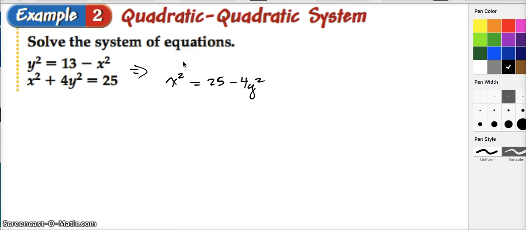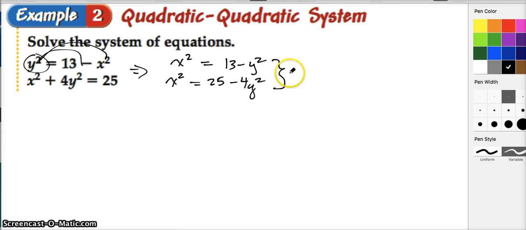In this top equation, when we solve for x squared, we can bring the x squared over to the other side and move the y over to the next side. So we end up with x squared is equal to 13 minus y squared. Now that we have these two things that I've isolated, if x squared is equal to that, and if x squared is equal to this, then clearly these two have to be equal to one another.